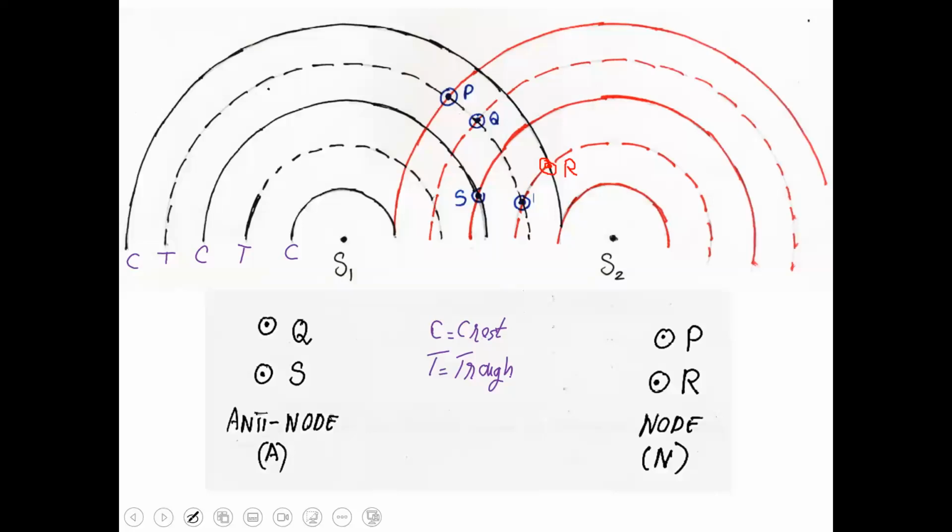Because they are out of phase, so they are destructive. There's destructive interference, so that means it's a node. Okay, now why is there an antinode at position Q?